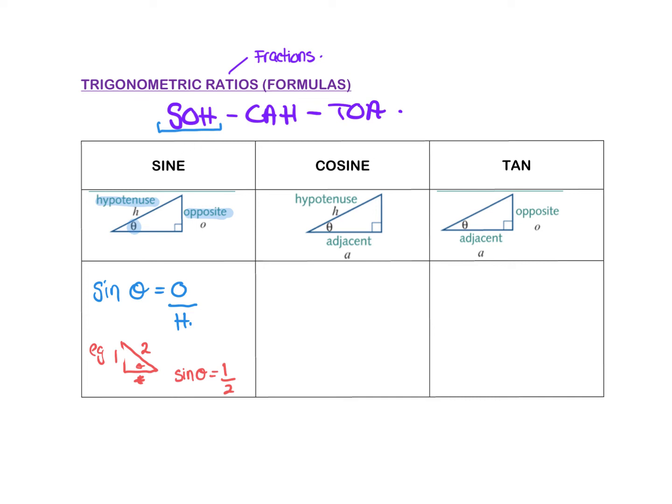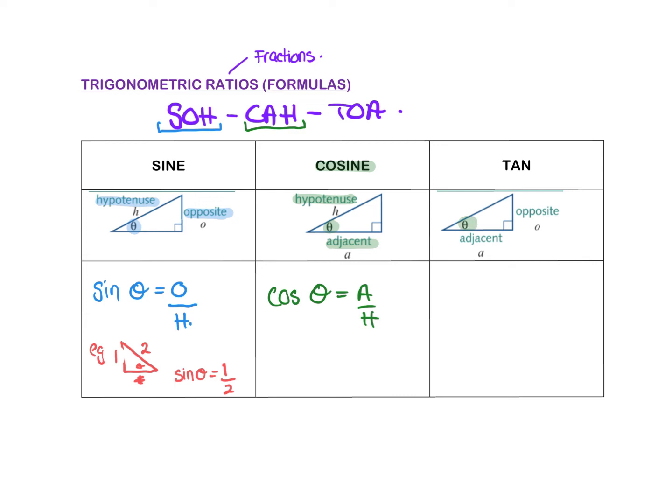If we look at the cosine rule, the cosine rule is when we have the adjacent side and the hypotenuse. And you can see in CAH, that's why they write the A first, because the A will go on top of the fraction. So cosine angle equals A over H. Maybe in a test you might just pop in the SOHCAHTOA on the top of your page, so you make sure you can quickly do them.